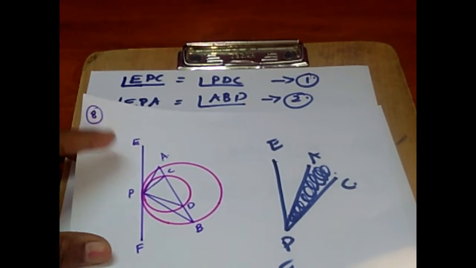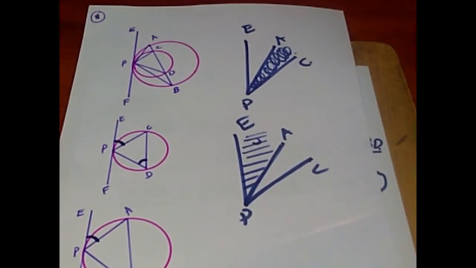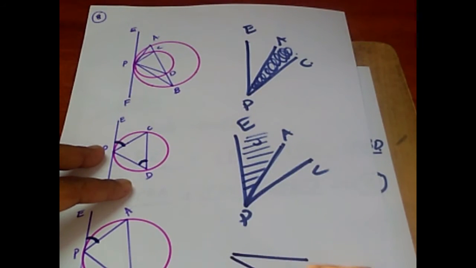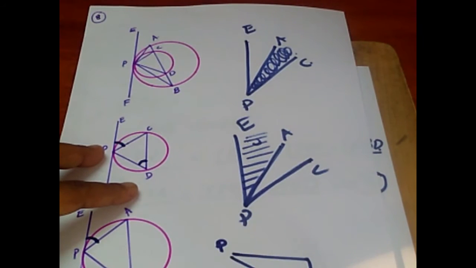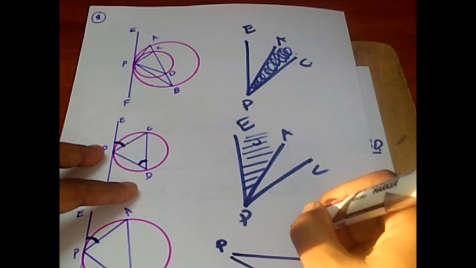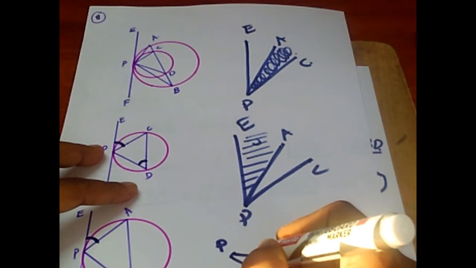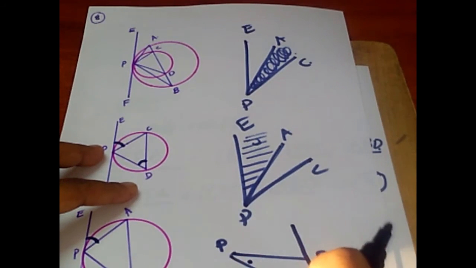Let us rewrite the diagram in a shortcut way. As my angles are of a triangle, if I consider the triangle PBD, I need this angle. This is my required angle DPB.